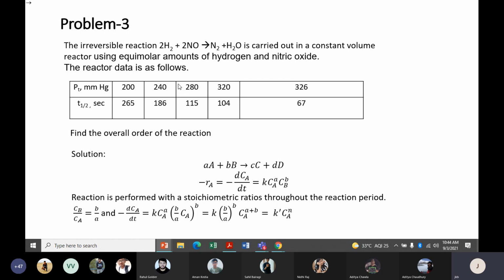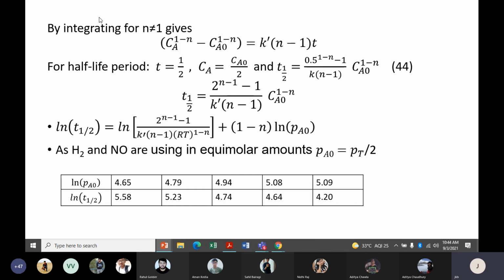Similarly, dividing by 2 you will get PA0 from total pressure. Then instead of plotting total pressure, you can plot PA0. That is from PT, PA0 is obtained, and this PA0 is obtained from CA0 expression.